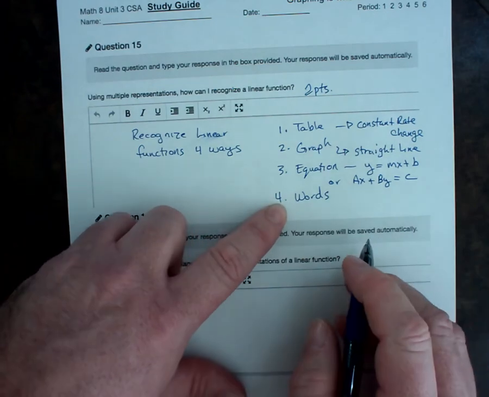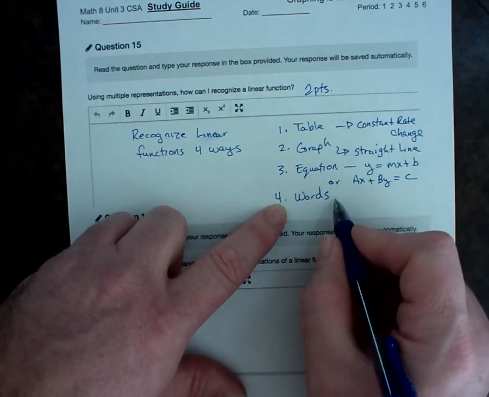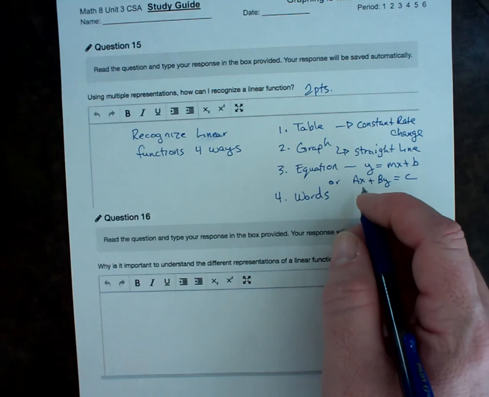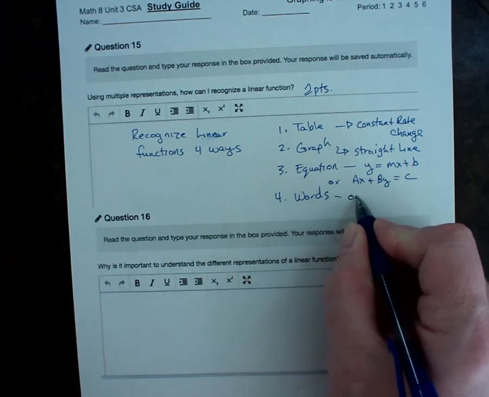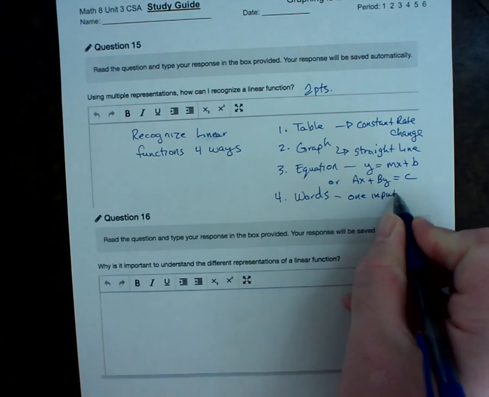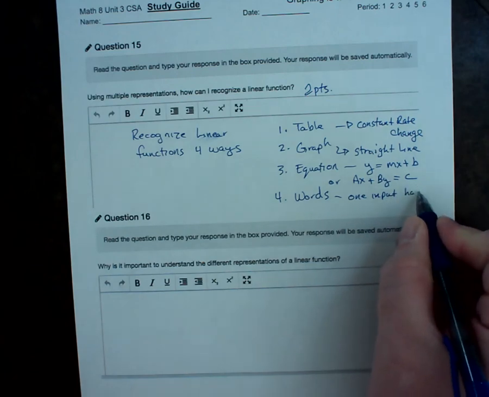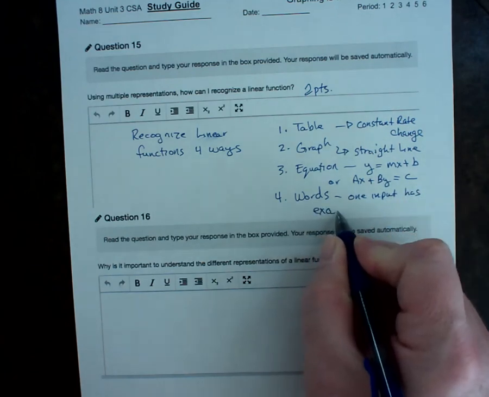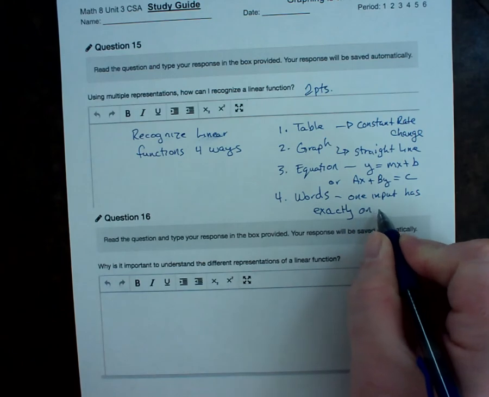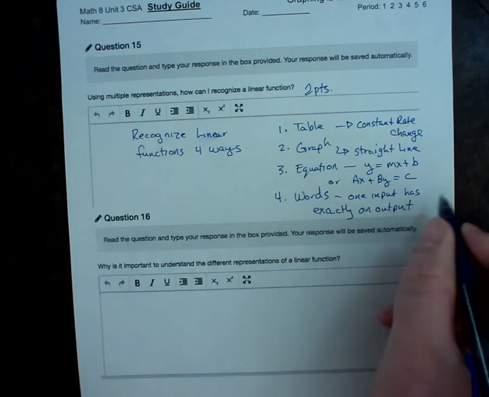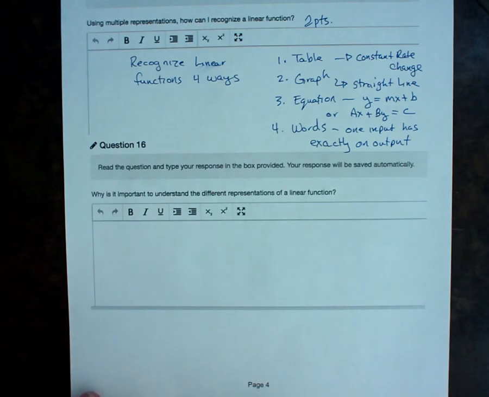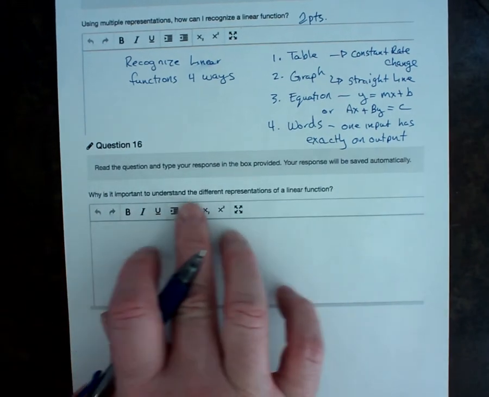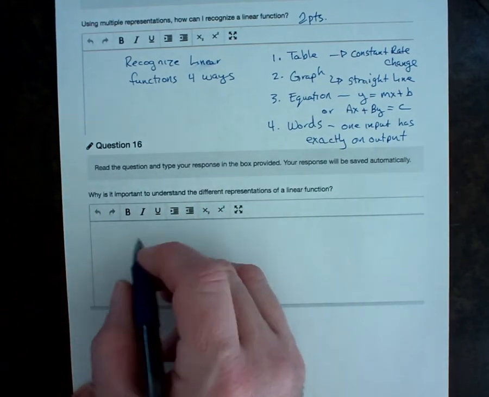And then finally in words, you need to have, generally speaking, one input has exactly one output. That would be a 2-point answer.